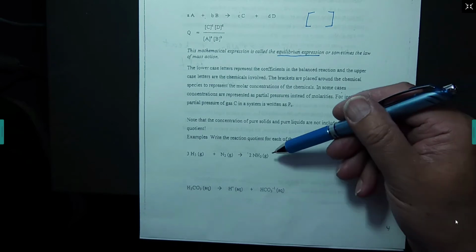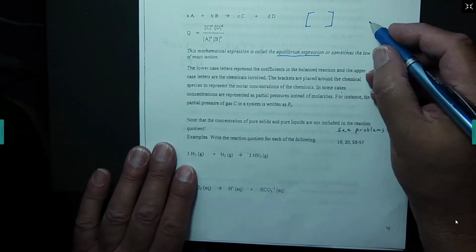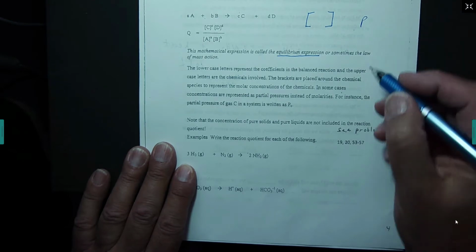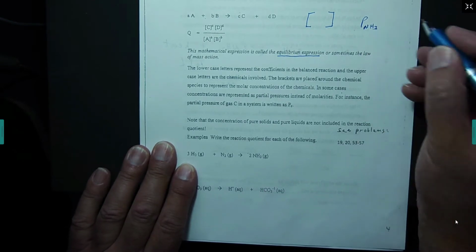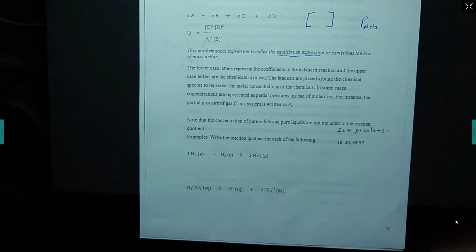Things that exist as gases, we traditionally represent with partial pressures. We just put a big P, so you'd have like partial pressure of NH3, because the partial pressure of a gas is directly related to its concentration.